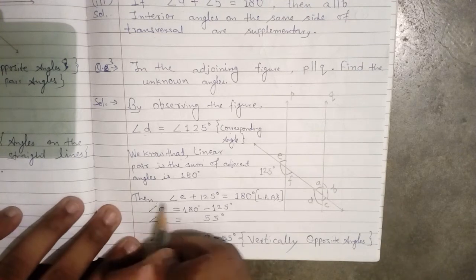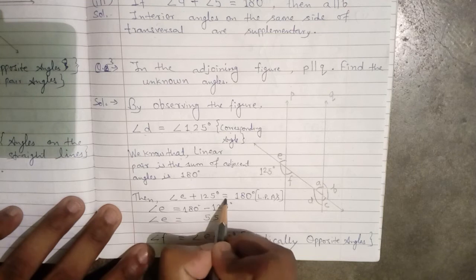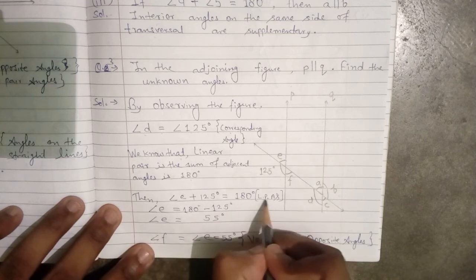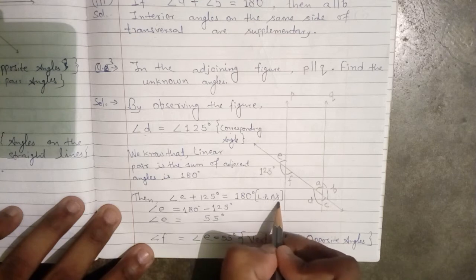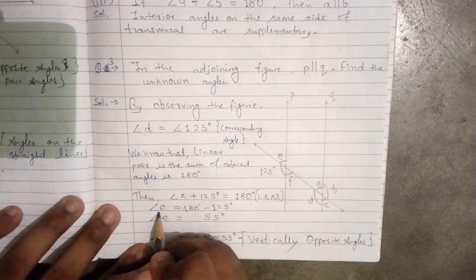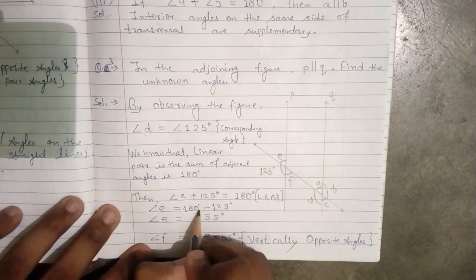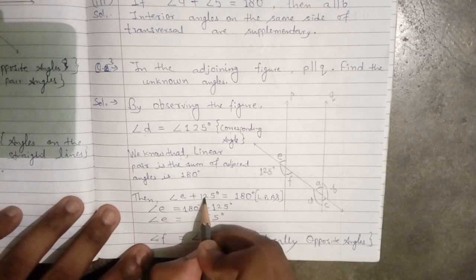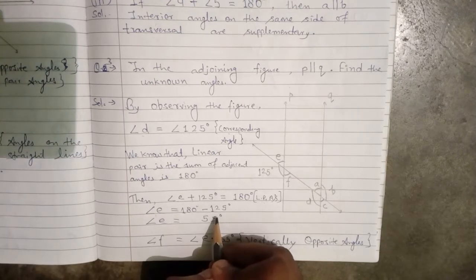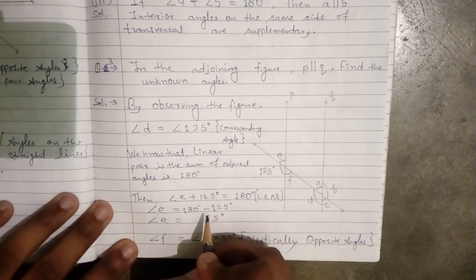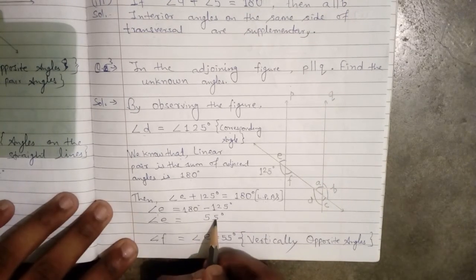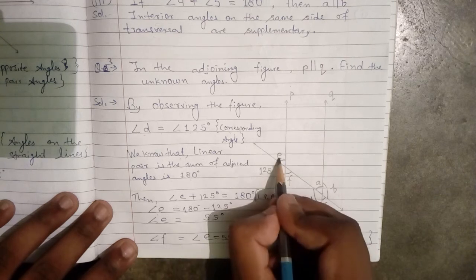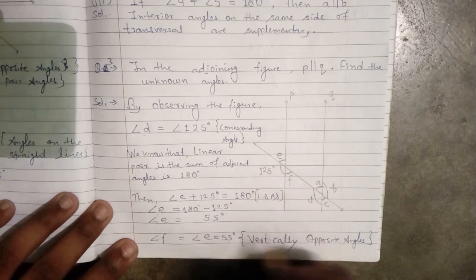So angle E plus 125 degree equals 180 degree, linear pair angles. That one can write in short form also, L.P.A.'s. Angle E equals 180 degree, then we are transposing 125 and subtracting it from 180, and we are getting 55 degree. So our angle E is 55 degree.